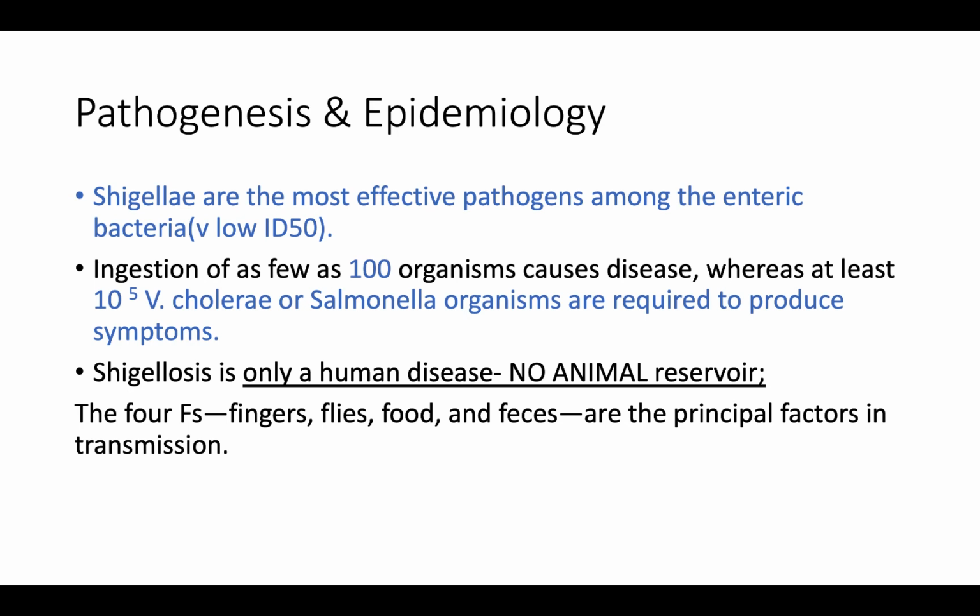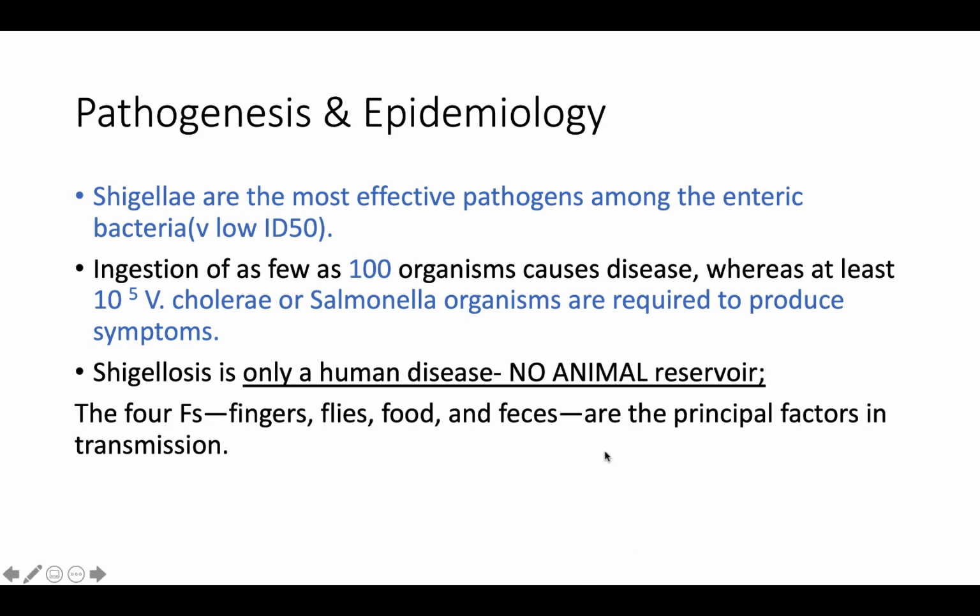Since it's primarily in the gut, it must enter through the mouth, so through food. So it needs to survive the 2 main mechanisms you have in your gut, which are acid and bile. So it can resist both, obviously, and can progress into the gut.